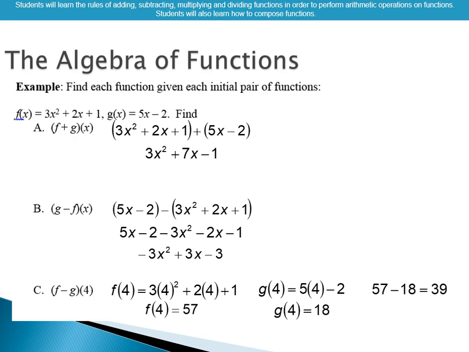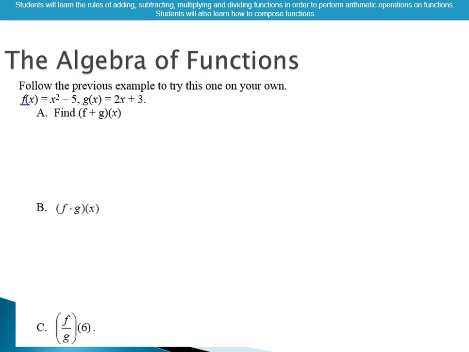Now the other way you could have done it is you could have done f minus g just like we did here, but had 3x squared plus 2x plus 1 minus the quantity 5x minus 2. Simplified that answer and plugged in a 4. It's really a matter of choice, whichever way you want to do it. Okay, so using the last examples, try these on your own.